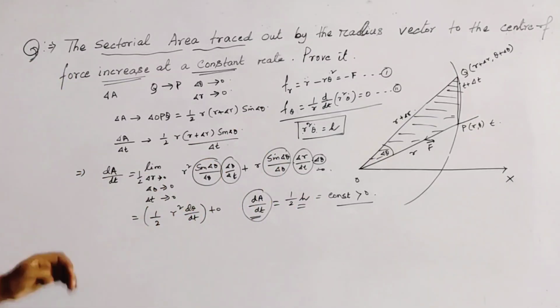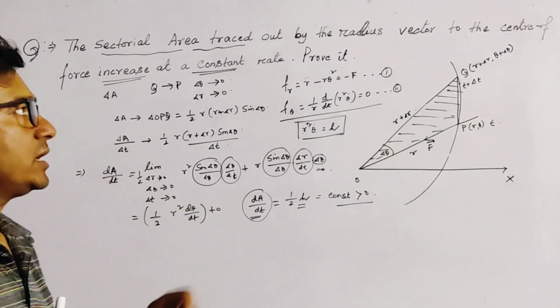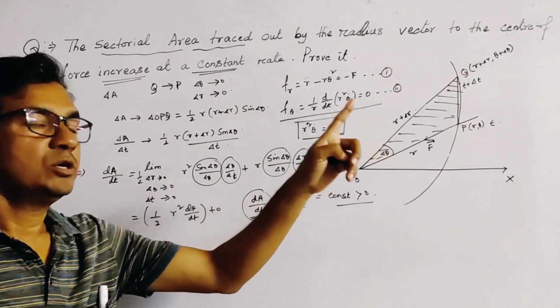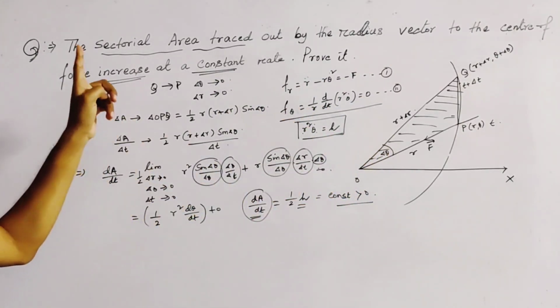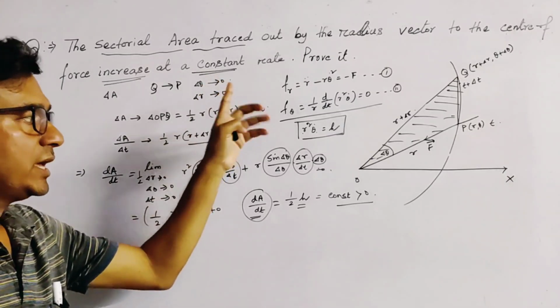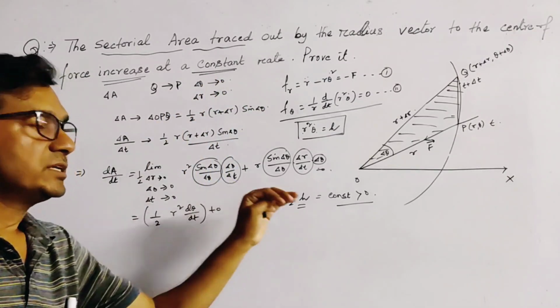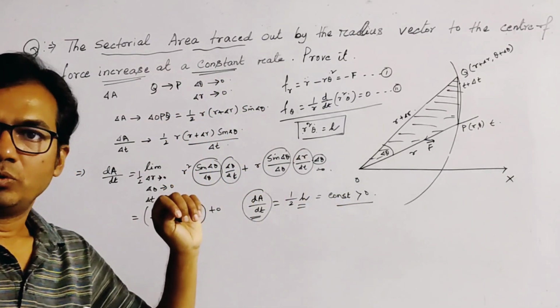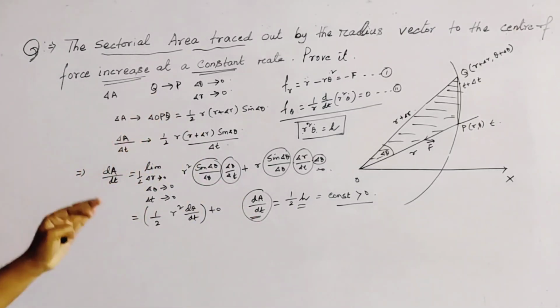So the sectorial area traced out by the radius vector to the center of force increases at a constant rate. Okay, this is the proof of this problem.